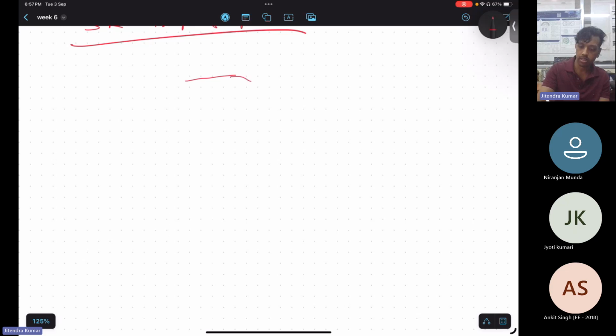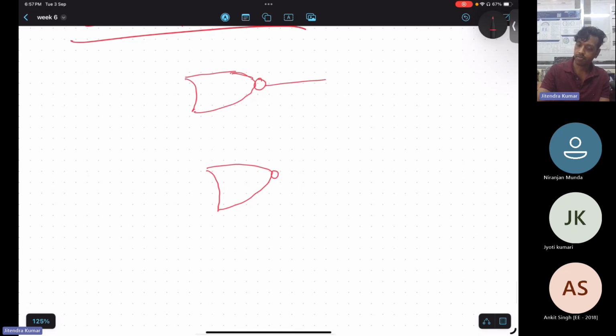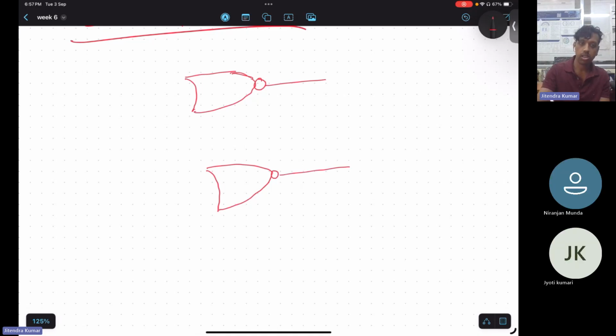Two NOR gates, they will have one input which is considered as S, isn't it?